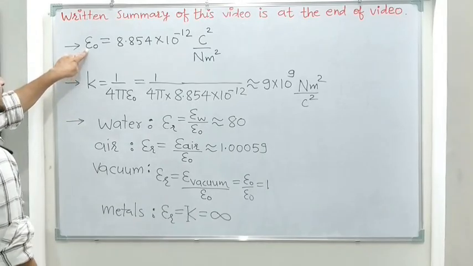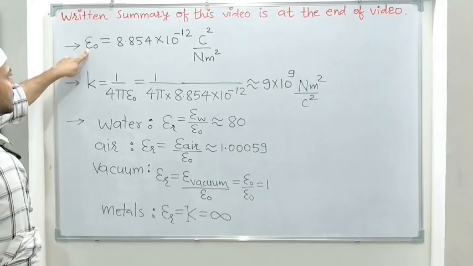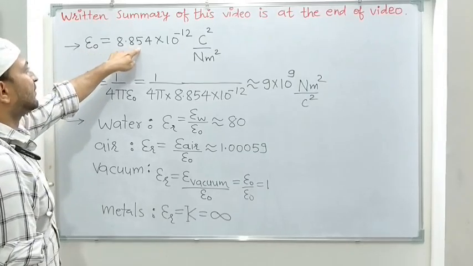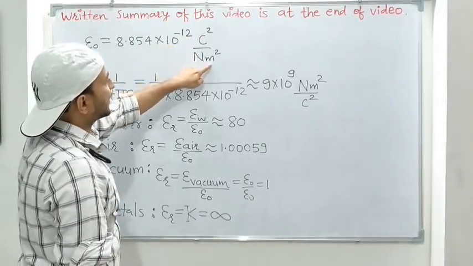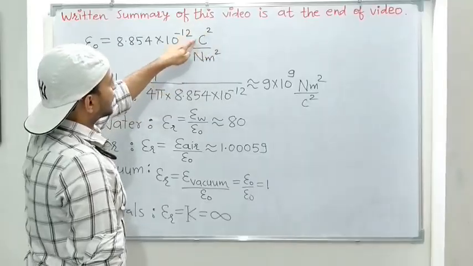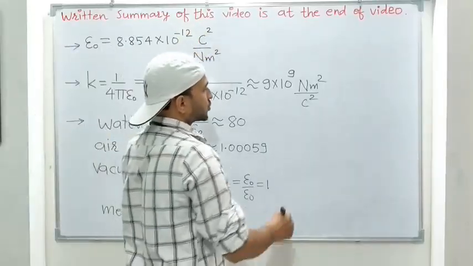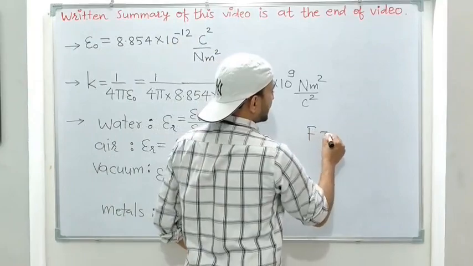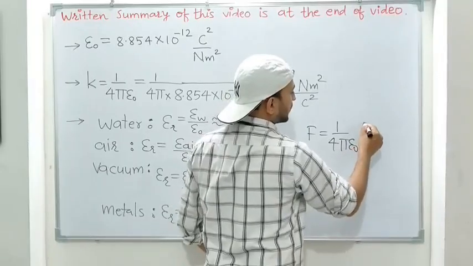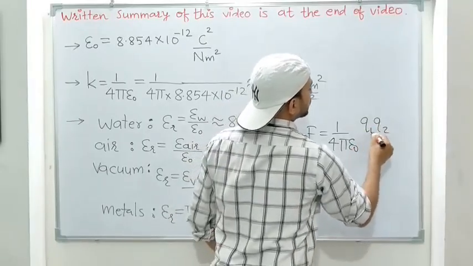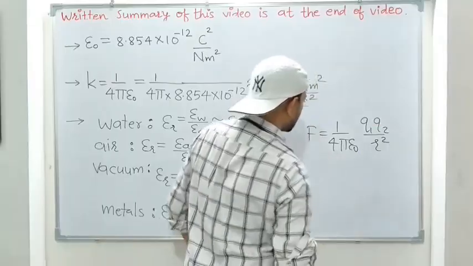Epsilon 0 is the electrical permittivity of vacuum. Its value is 8.854 into 10 power minus 12 Coulomb square upon Newton meter square. Where does this unit come from? So, F is equal to 1 upon 4 pi epsilon 0 Q1 Q2 upon R square.